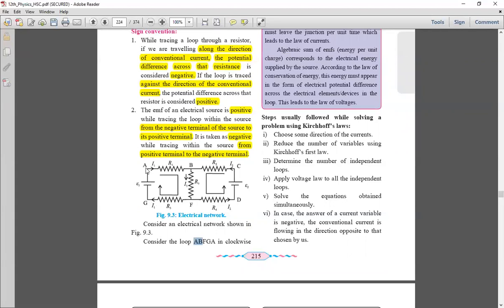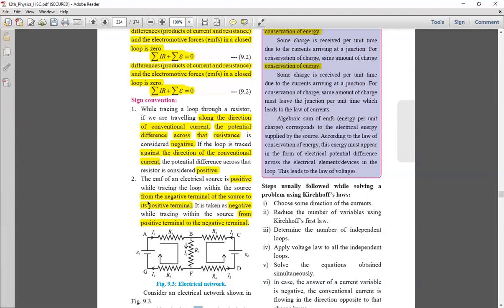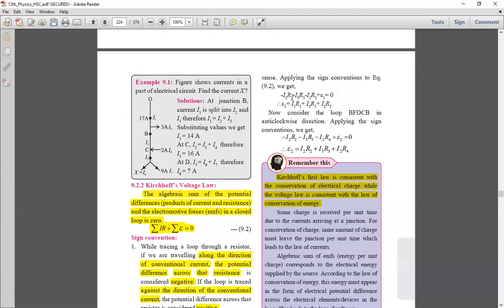For G to A, G is connected to the negative terminal and A is connected to the positive terminal, and you are moving from G to A, so you are going from negative to positive terminal. So the EMF, as you are moving from negative to positive side, the voltage across this cell will come as plus E1. Let's see.